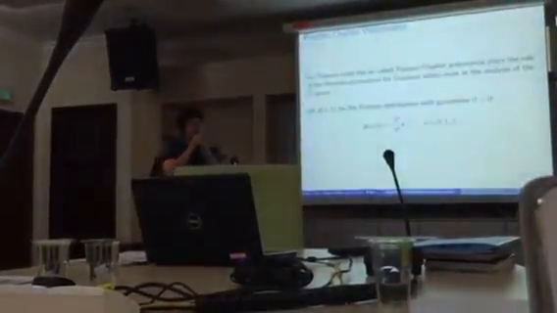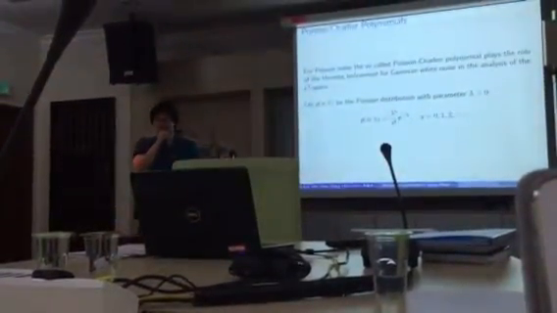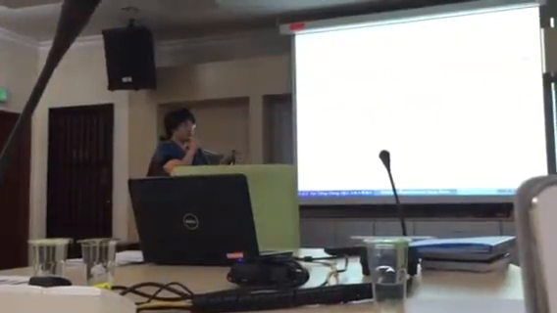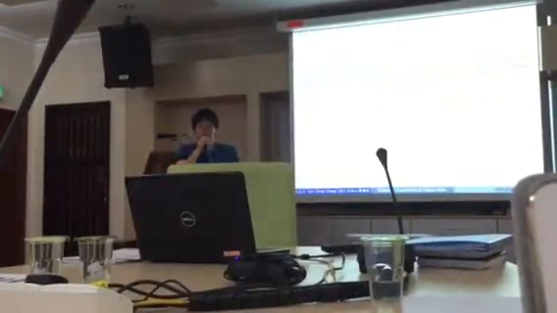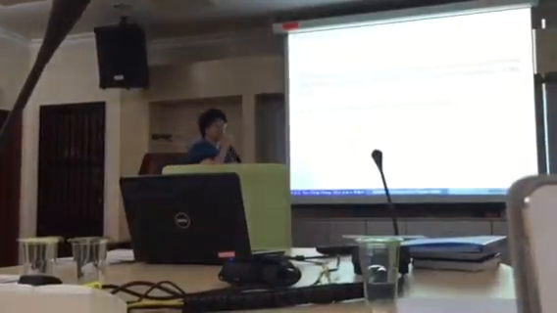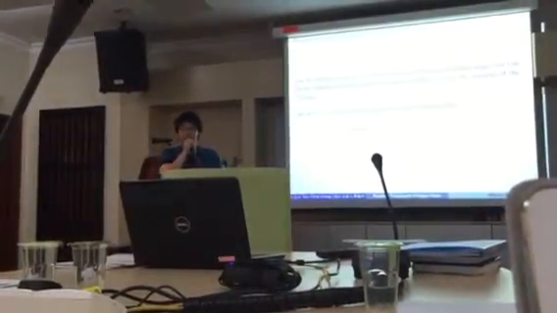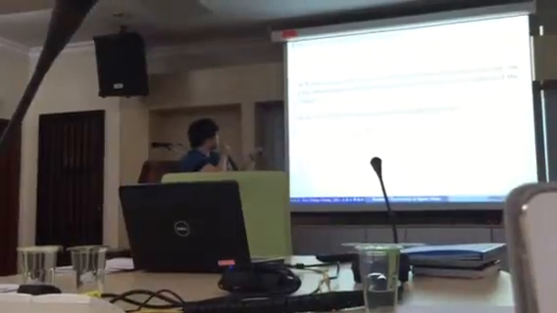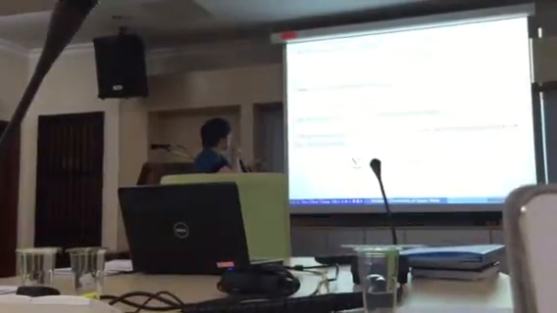And the most difficult part in my research is how to renormalize the P prime lambda's polynomial, because we use the Poisson-Charlier polynomial, and we can check P1 and P2.